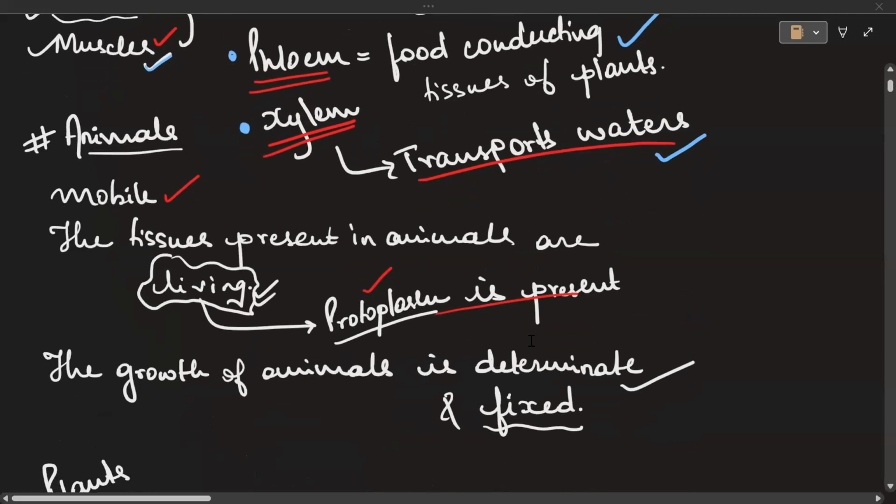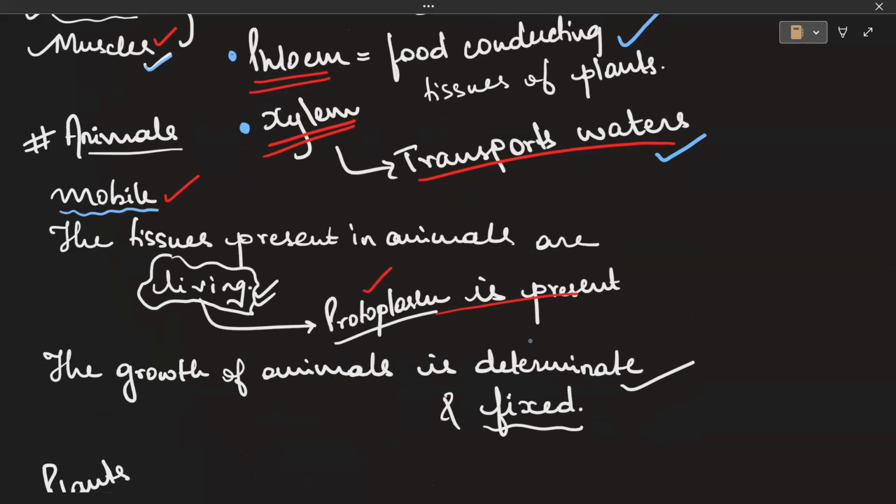Then we'll be talking about the animals. We know that animals are mobile, and by mobile I mean that they can move from one place to another, isn't it? Since they are mobile, the animals have tissues that are living.